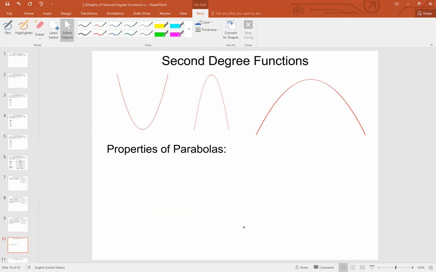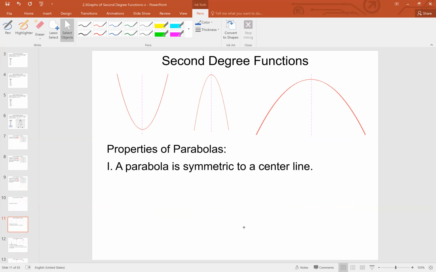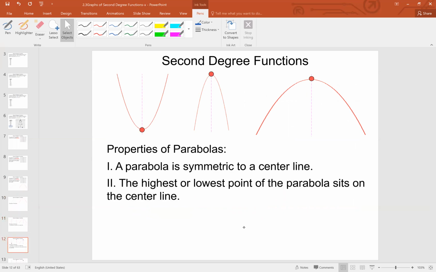Since they're parabolas, we know quite a bit about them. We're all kind of familiar with them: they all have a tip, and the tip sits on the center line. The tips are called vertices.